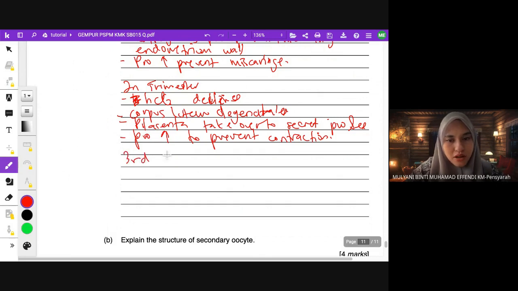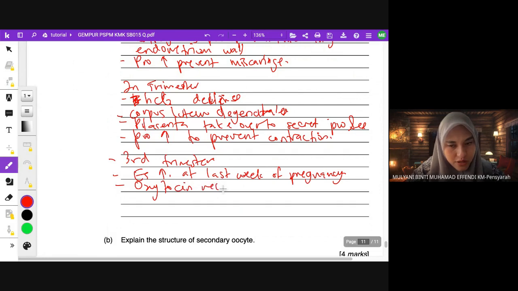So masuk third trimester pula. Okay, so estrogen akan high. Okay, last week of pregnancy. Okay, lepas tu bila estrogen yang tinggi akan ada oxytocin receptor on uterus wall.